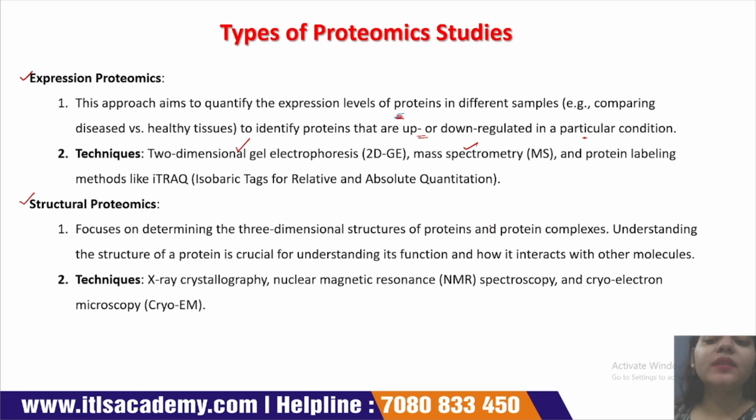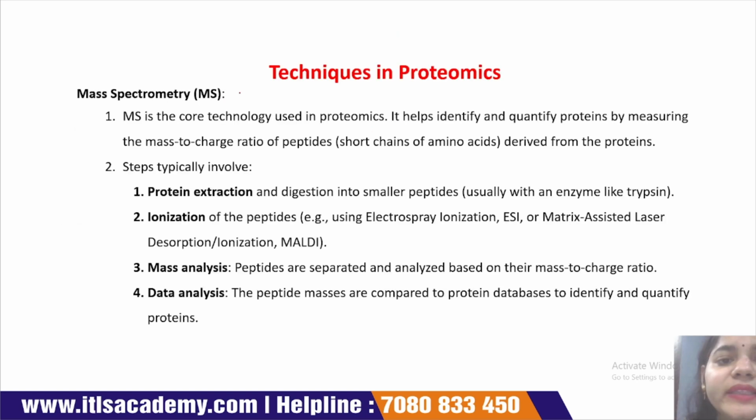To understand the protein structure, we use techniques such as X-ray crystallography, nuclear magnetic resonance, cryo-electron microscopy, etc. In expression proteomics, we use 2D gel electrophoresis, mass spectrometry, and protein level methods. And in structural proteomics, we use X-ray crystallography, NMR, or cryo-electron microscopy.